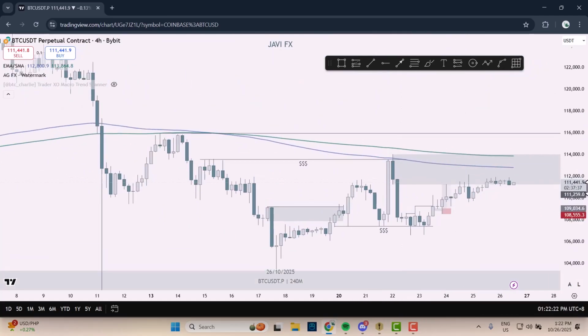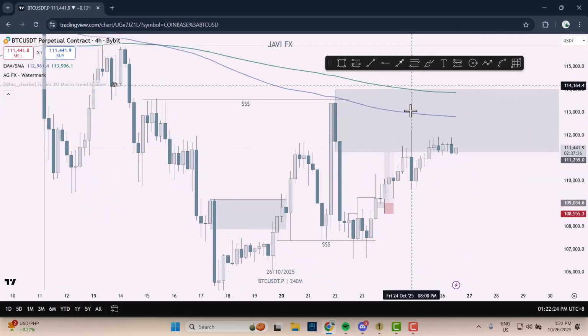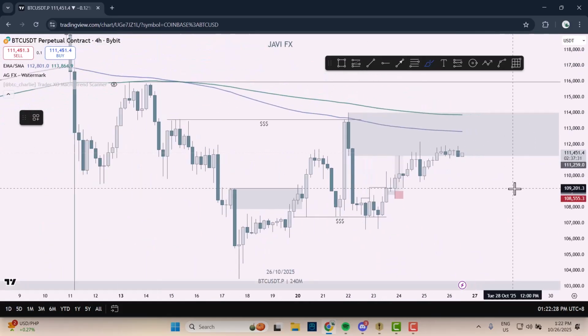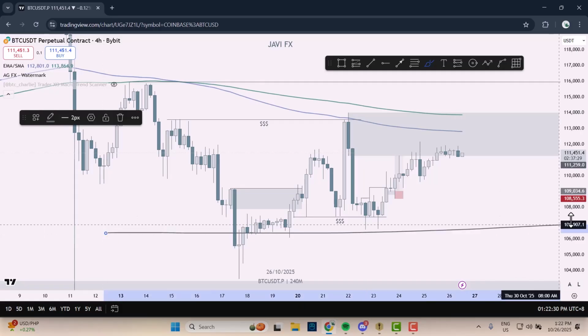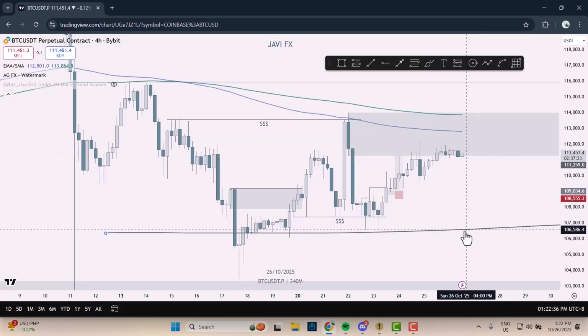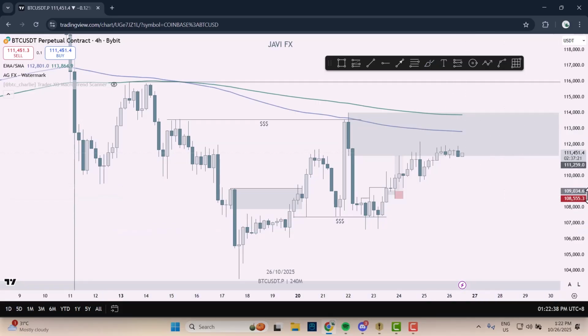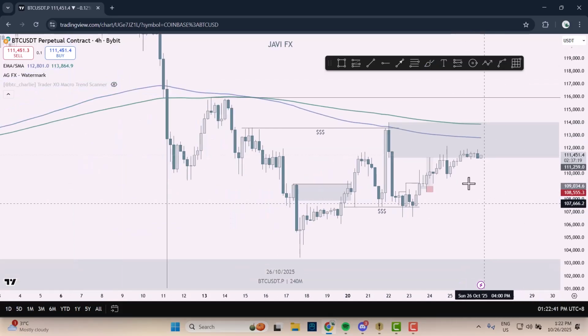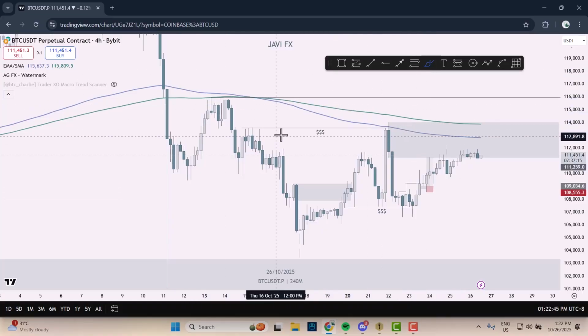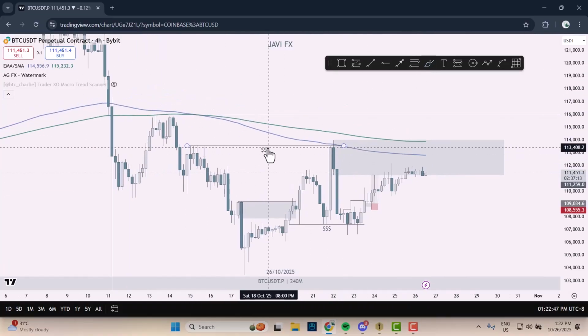the 4 hour supply zone right here. Because I know that price is either ranging, or we're slowly grinding down. Because the fact that we are below the 4 hour 200-day moving average means we're still in bearish price action.